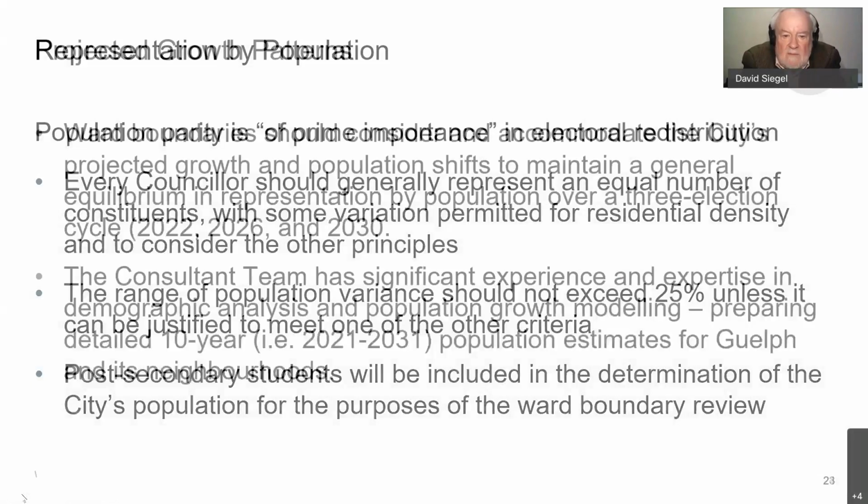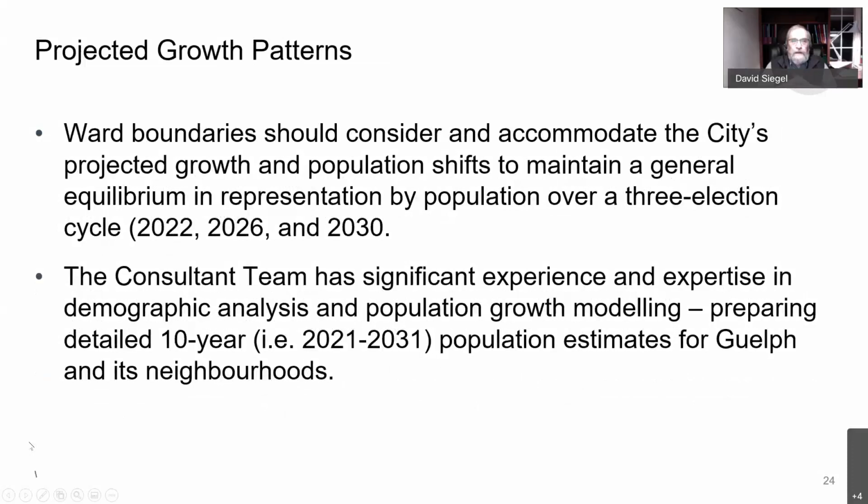And the second principle then is projected growth patterns. Our direction here is that ward boundaries should consider and accommodate the city's projected growth and population shifts to maintain what we can call a general equilibrium in representation over a three-election cycle. So let's take that apart a bit.